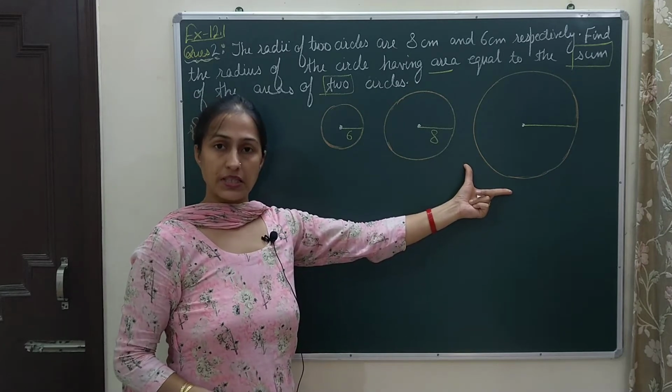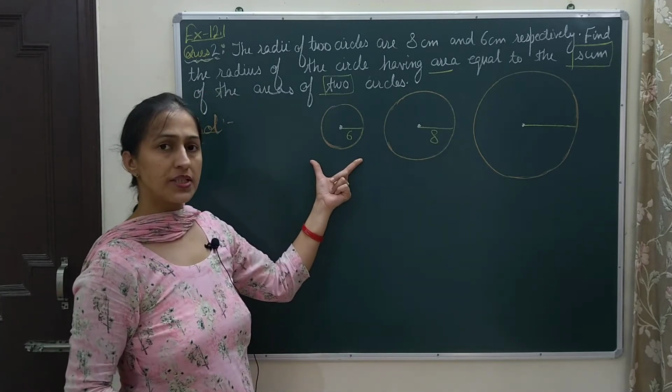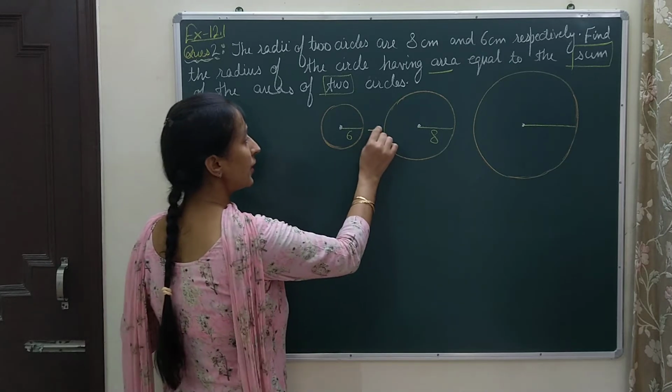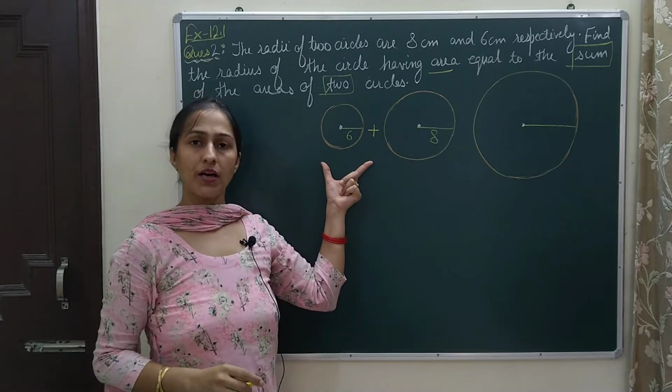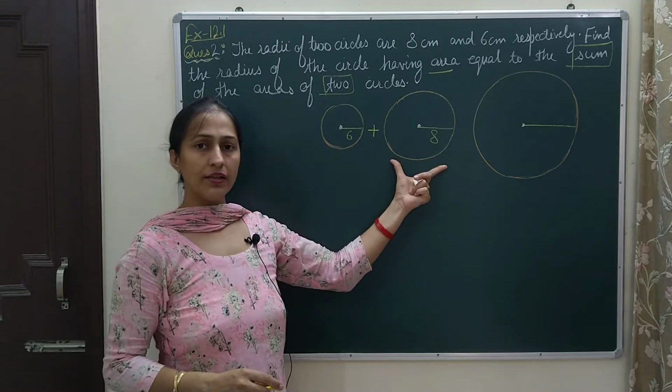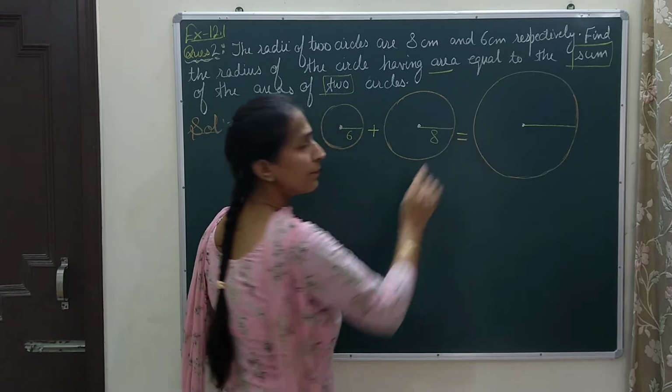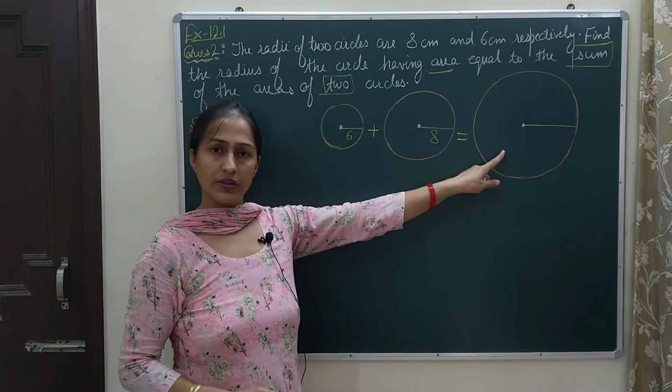The third circle has the same area as the sum of the first and second. So we will be adding the area of the first circle to the area of the second circle, and we will be equating both with the area of the third circle.